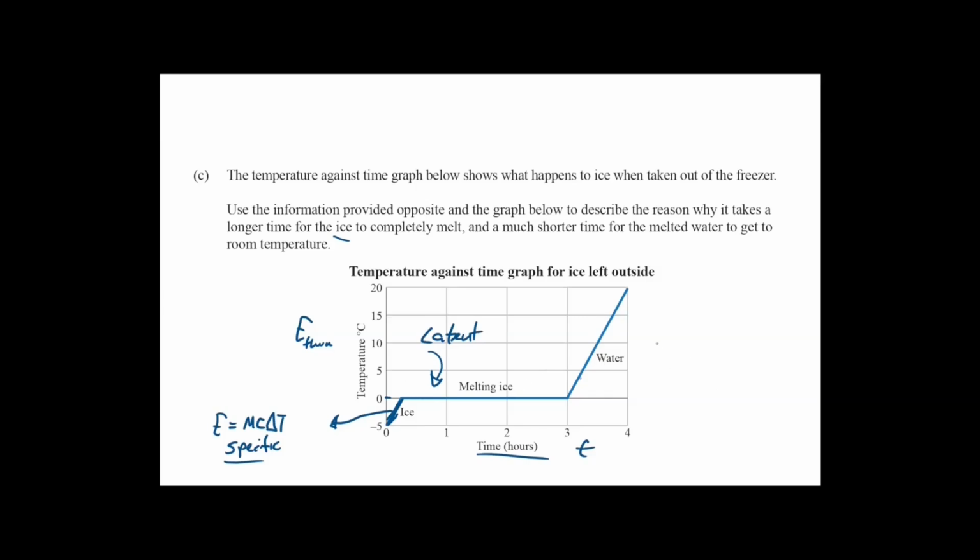The latent heat is way bigger than the specific heat, so we need lots more of it from the outside air before it can melt. And then as soon as it's melted, the latent heat is irrelevant, and then it just keeps going up. And if you notice, the slope here is going to be the same as the slope here. And that would be the answer to that one. So some variation of what I said there.